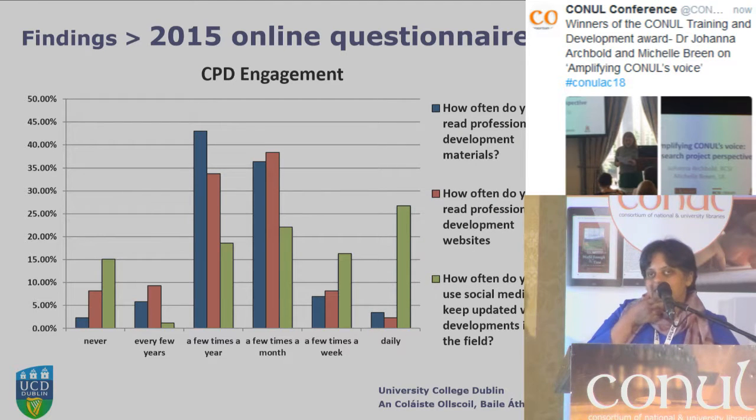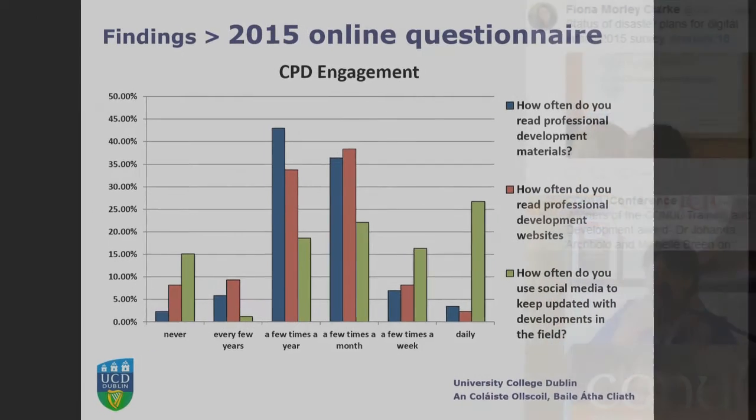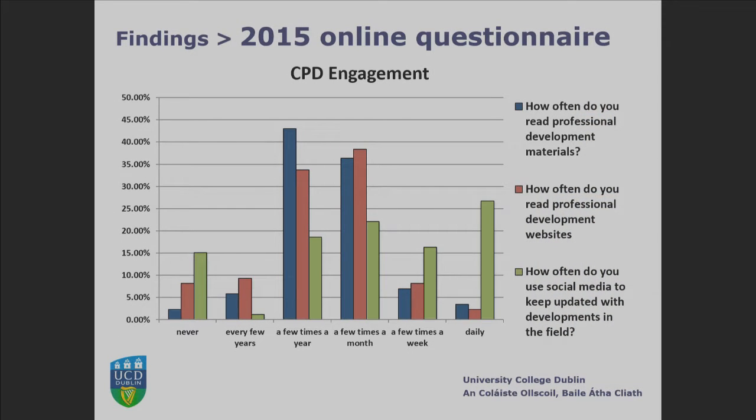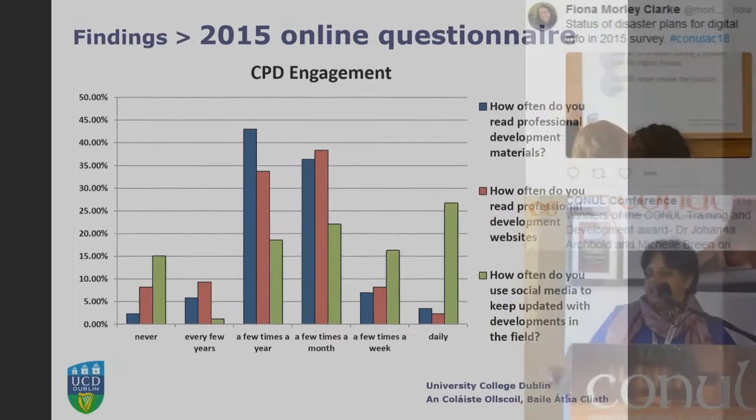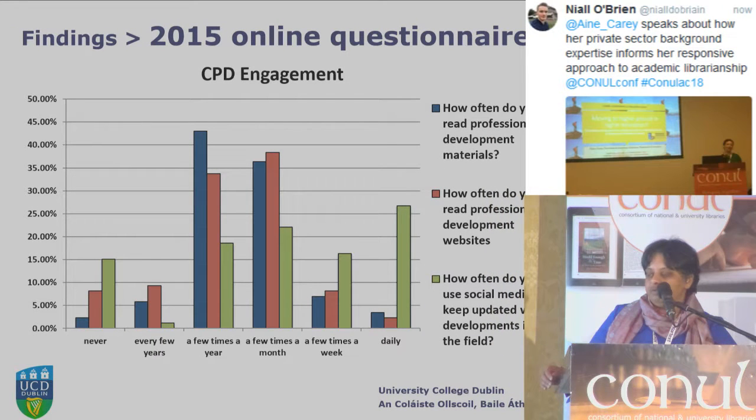So then we switched to CPD. We took a look at what kinds of CPD options were available, professional development materials and websites. We found that some people use social media daily, 26% thereabouts, when asked how often they read development materials. But if you look at the chunk, a few times a year to a few times a month is when people really engage in continuing professional development.